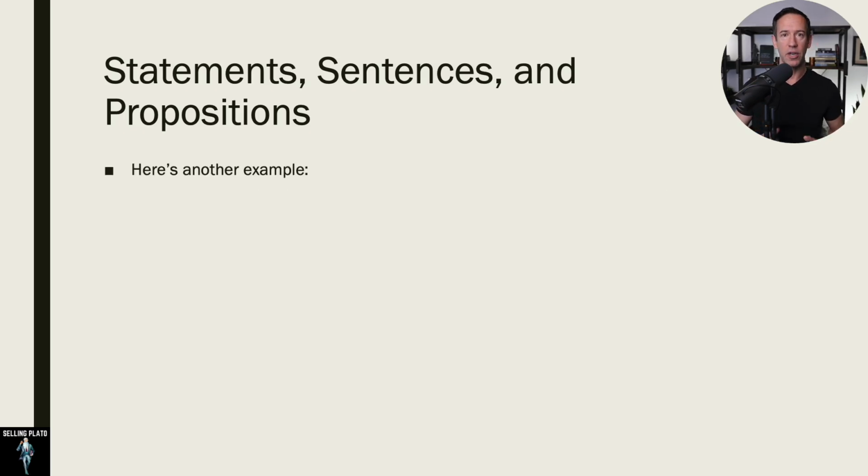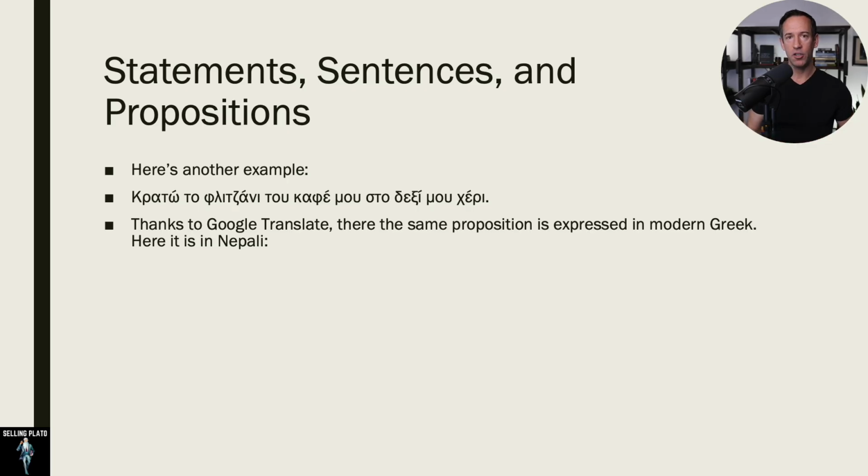Okay, so here's another example. We saw how a proposition can be expressed in different ways within the same language, English, which you're familiar with. So here's another example, that example that I'm putting up there on the screen. Thanks to Google Translate, that's what I used. There, the same proposition is expressed in modern Greek.